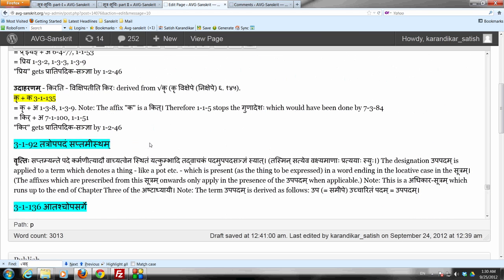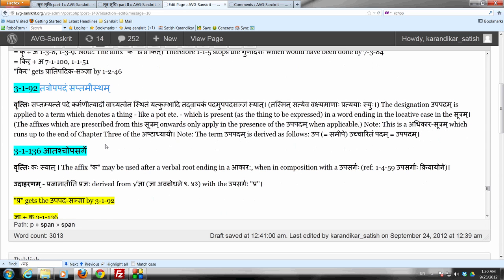We started this whole discussion with this adhikara sutram tatropapadam saptamistham, and we used that adhikara sutram to interpret this term upasarge, which came in 3.1.136, a sutram we used to apply the affix ka to this dhatu jna, but on the condition upasarge, meaning that something which has upasarga sanya should be in upapadam, because upasarge is a saptamyantam padam.